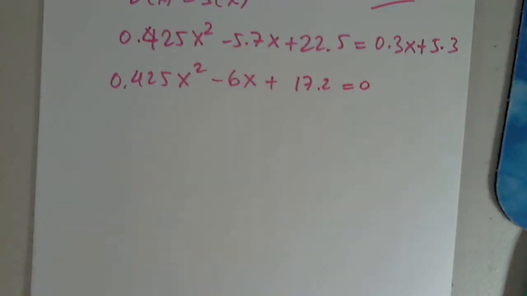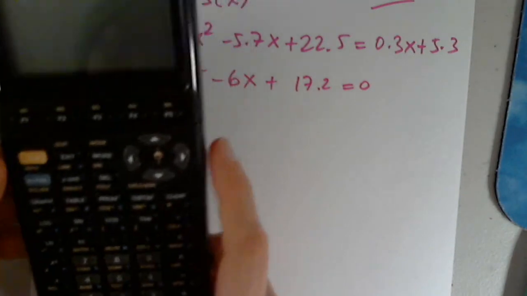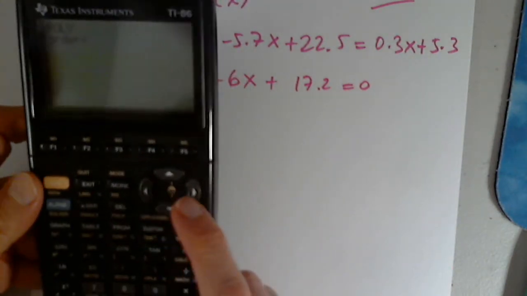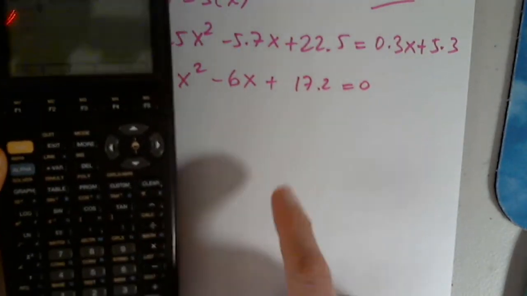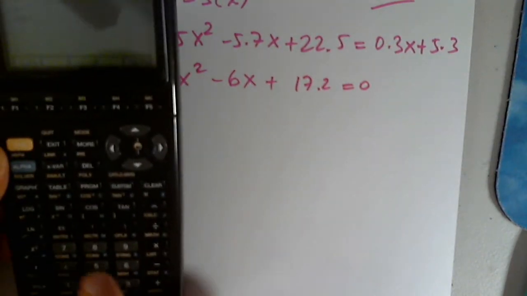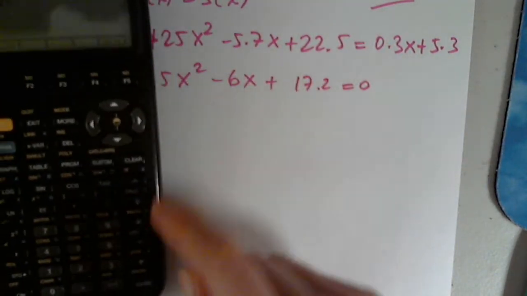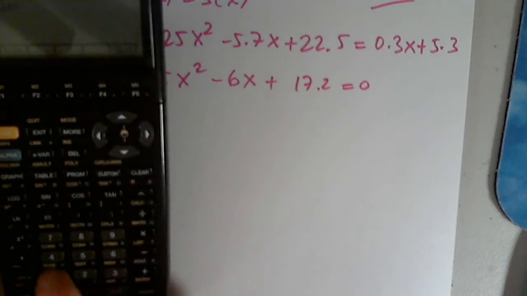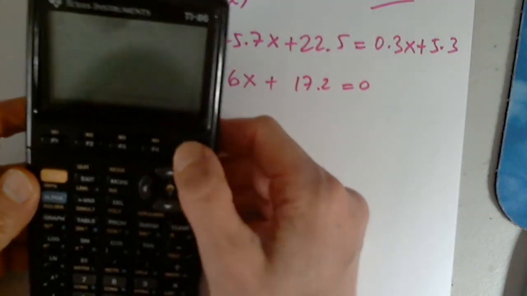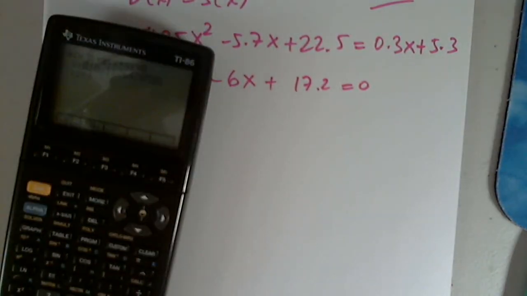Okay, I can use the quadratic formula, but I'm much faster with my TI-86. I will punch in 0.425, negative 6, and 17.2, and I want it to solve for me.